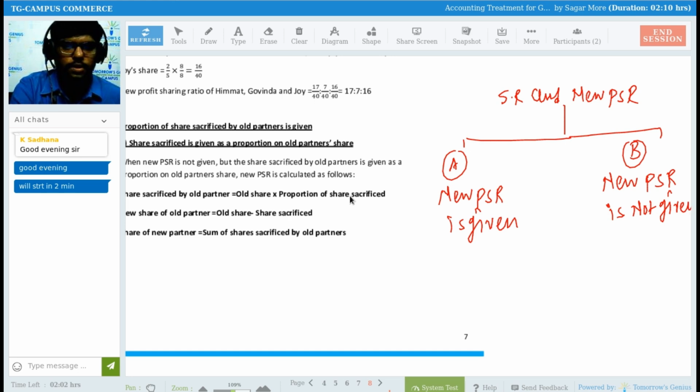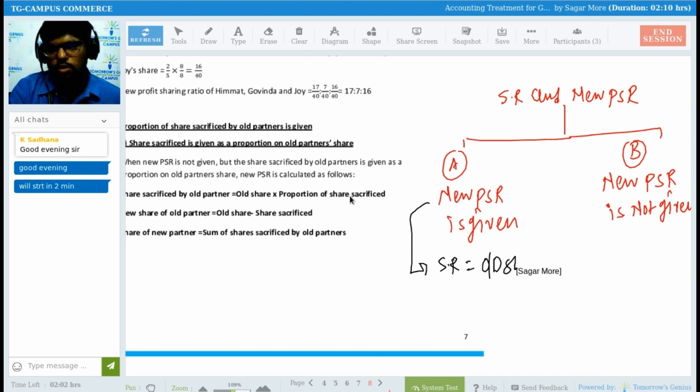If new PSR is given, then we have to use only one simple formula: sacrifice ratio is equal to old share minus new share, and you can get the sacrifice ratio.